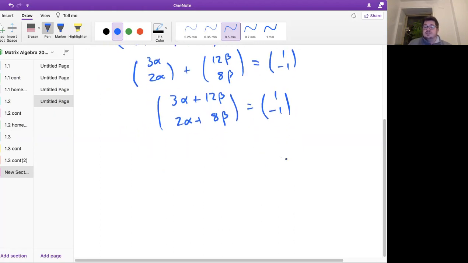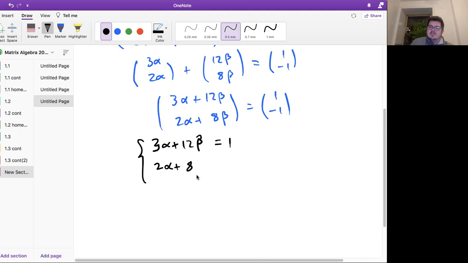So the only way for these two vectors to be equal is that the coordinates must be the same. So the first coordinate, 3 alpha plus 12 beta, would need to equal 1, and the second coordinate, 2 alpha plus 8 beta, would need to equal negative 1.